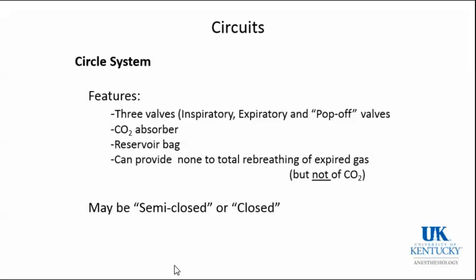It has a CO2 absorber. It has a reservoir bag. And what is unique is that it can provide none or total rebreathing of expired gases. Not CO2, but rebreathing of expired gases. And thus it can be totally open, semi-closed, or closed.